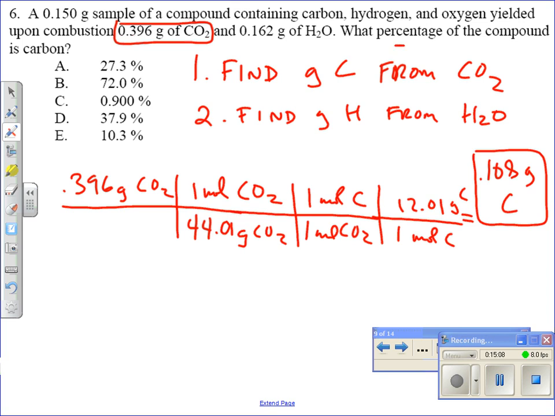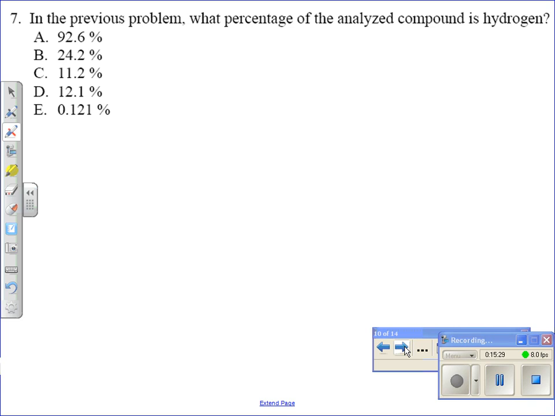They're asking you for a percentage in this case. Well, the original sample was 0.150 grams, so 0.150 grams goes on the bottom. I take 0.108 times 100, and that will give you its percent of carbon. That's how you calculate the percent of carbon, right? So when you get the percent of carbon, you could then use it for an empirical formula.